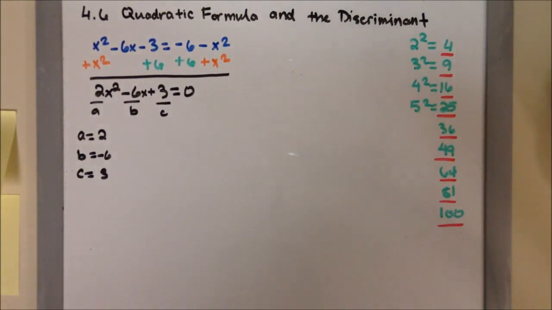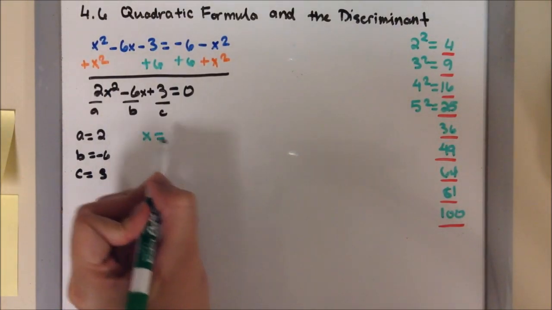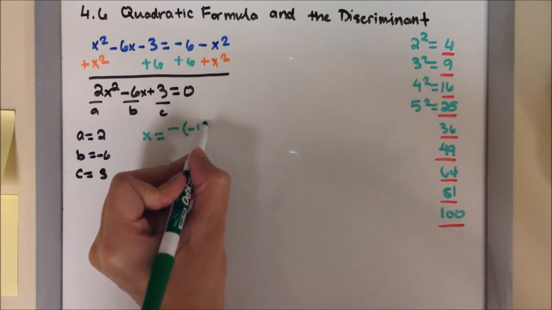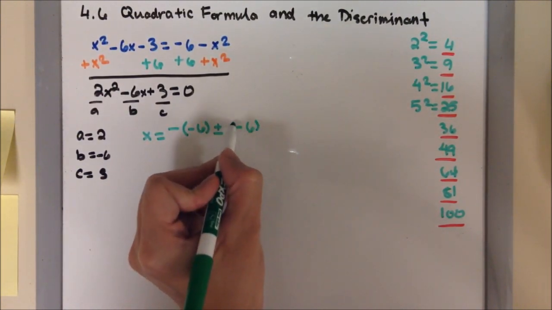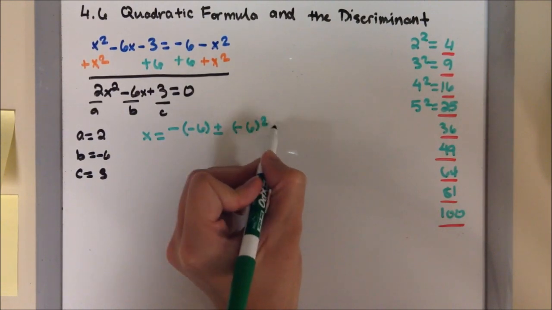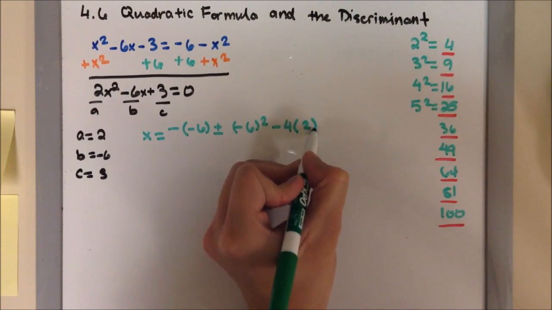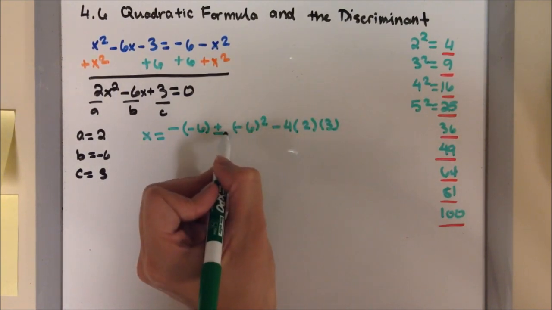Alright, from there I'm just going to plug into the quadratic formula. So it's going to be x equals negative, from the formula, parenthesis negative 6, plus and minus the square root of negative 6 in parentheses squared, minus 4 times my a, which is 2, times my 3, which is the c.